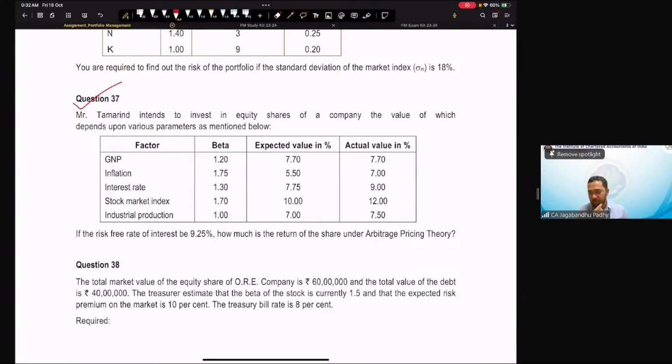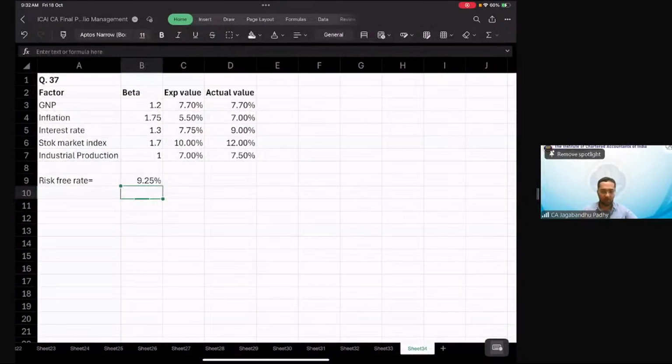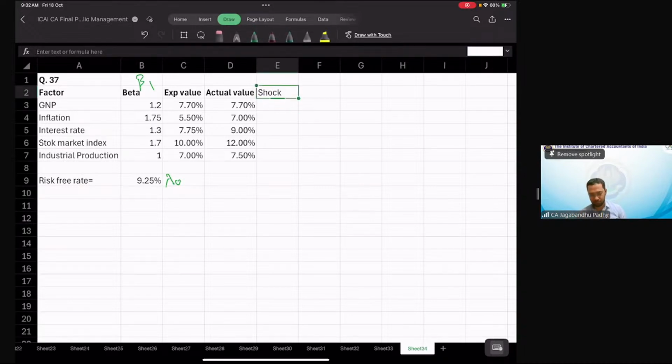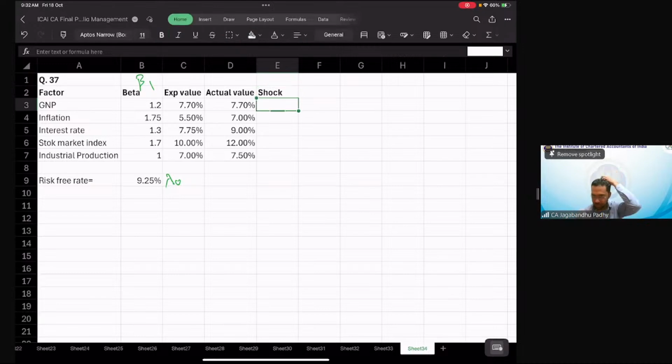What we have in the question is the lambda 0, and these are the betas. We need to get the lambda values. The lambda values are basically nothing but the shocks that are generated.